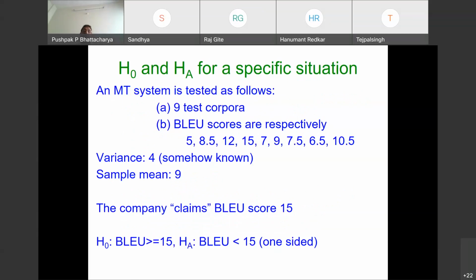Maybe sometimes I'll get a value of 16, sometimes I'll get a value of 5, and so on. But if the null hypothesis is true that the blue score is greater than or equal to 15, these numbers, all of them together, is impossible. So that is the purpose of null hypothesis. Null hypothesis makes the data or the observation improbable.